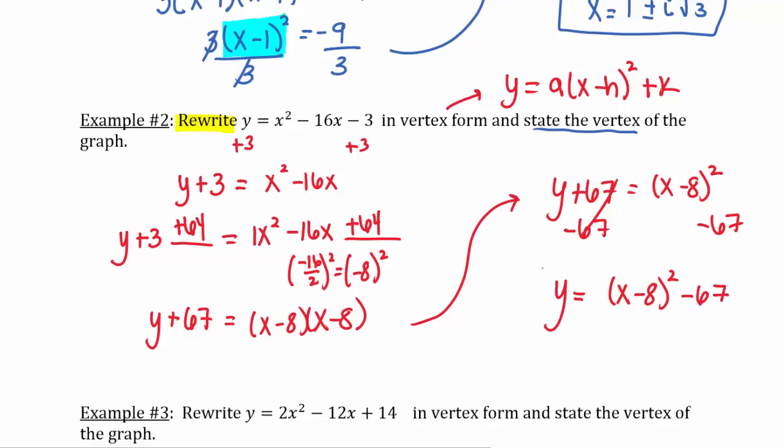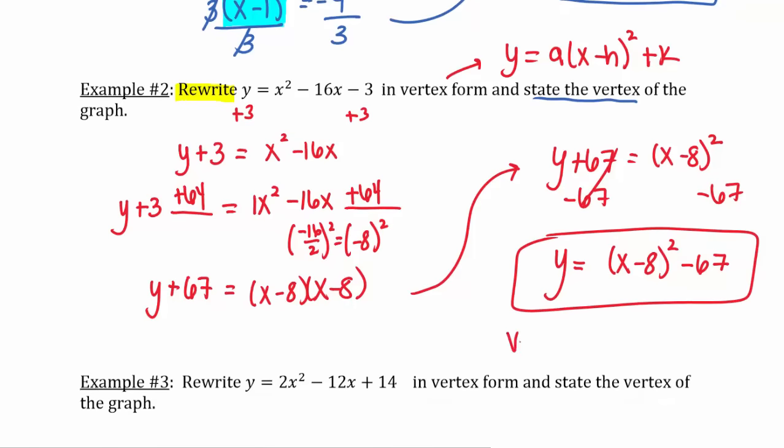And that is vertex form, my friends, which means I can identify the vertex. Remember that this (h, k) is your vertex. So I need the opposite of the sign in the parentheses, positive 8, and negative 67 for the vertex.